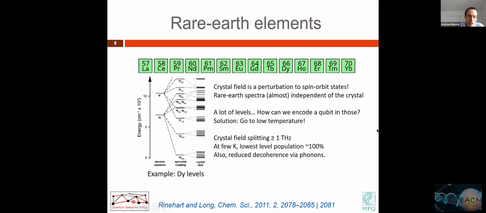So at cryogenic temperatures, say liquid helium temperatures, the lowest of these crystal field levels will be populated with 100% probability. Also, at these low temperatures you have the additional advantage that the density of phonons is very low, which means that out of this state you don't go to excited states, you don't couple to them, and you don't have decoherence via phonons.